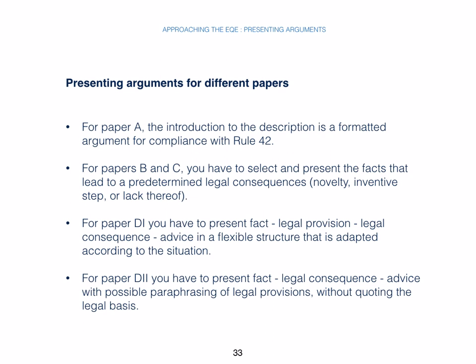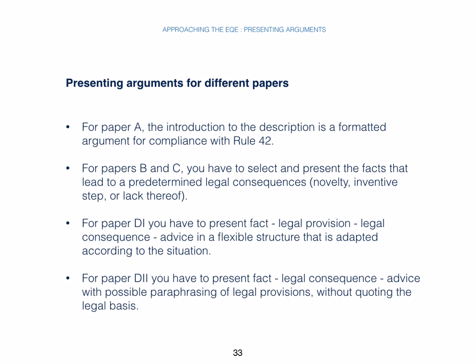For papers B and C, the reply to the communication and opposition, you have to select and present the facts that lead to the predetermined legal consequences, which would be, shall we say, novelty or inventive step, or the lack of novelty and the lack of inventive step.